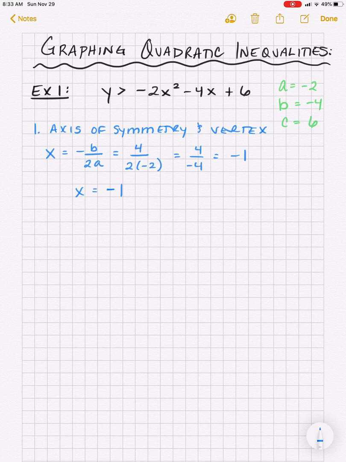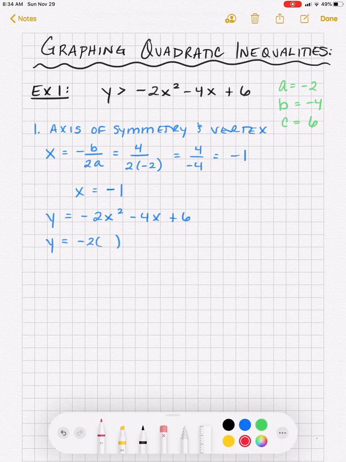To find the vertex, you need to plug in, and again, we're plugging it into what's called the boundary line. When I plug this back in, I'm not using an inequality, I'm just trying to think about what the parabola y equals negative 2x squared minus 4x plus 6 looks like. So let's plug in negative 1 for x, and the goal is to figure out the y coordinate of the vertex.